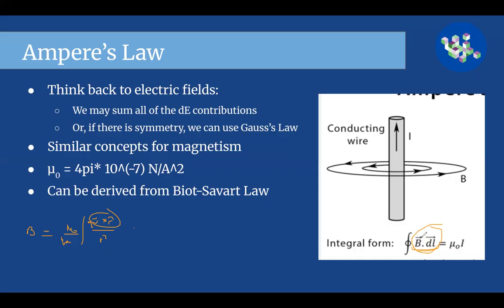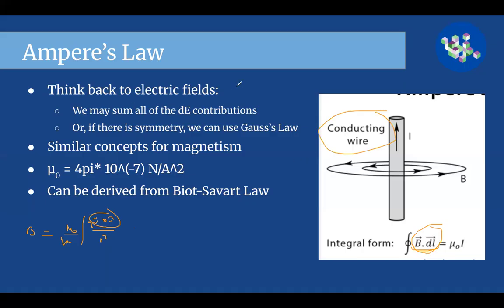It's just a quantity with no direction to consider. And you'll find in many cases, for example, the field due to an infinite conducting wire, it will be so much easier to use Ampere's law than Biot-Savart law to find the magnetic field outside of the wire.